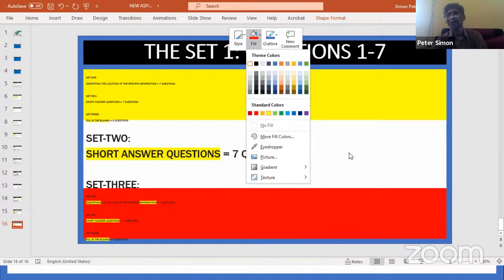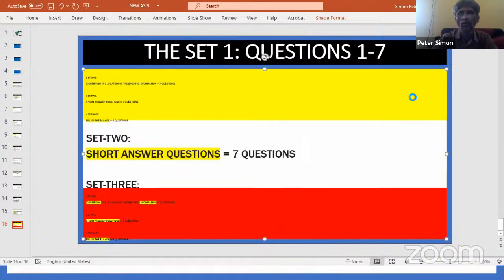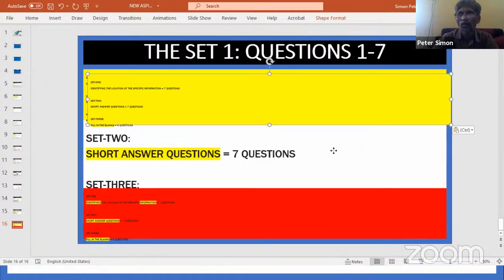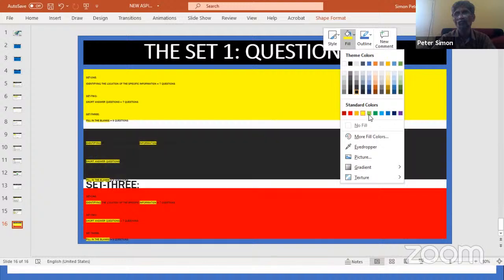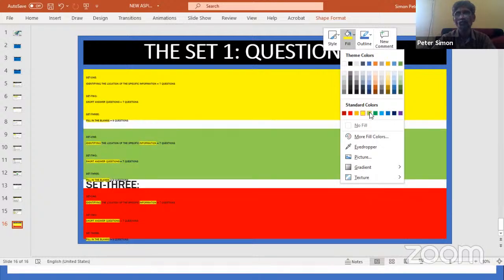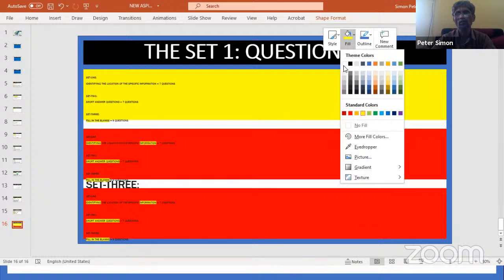And now control C, control V. This one will take green. No, no, white. White. Yeah.